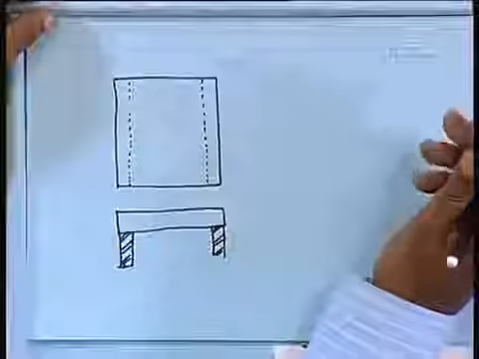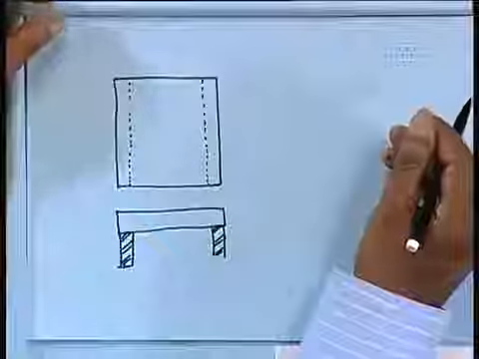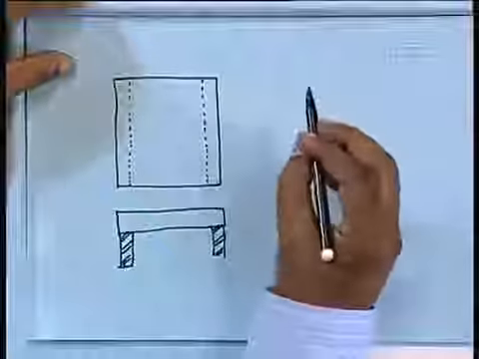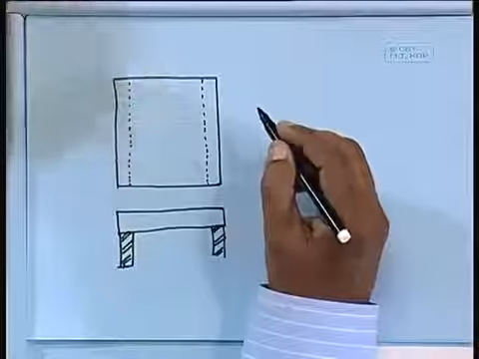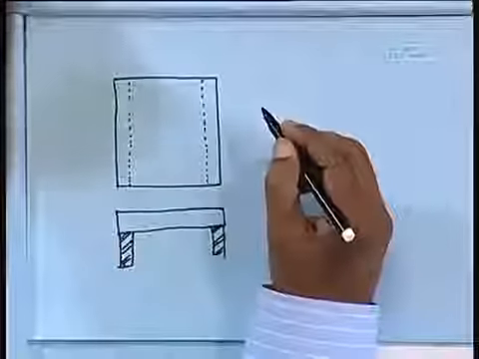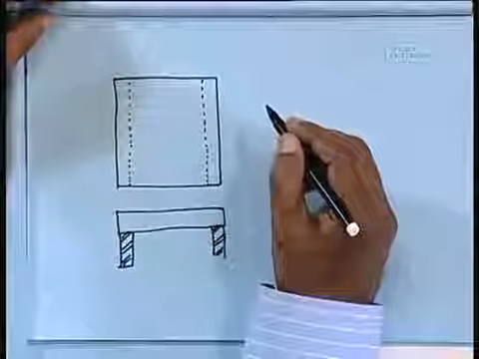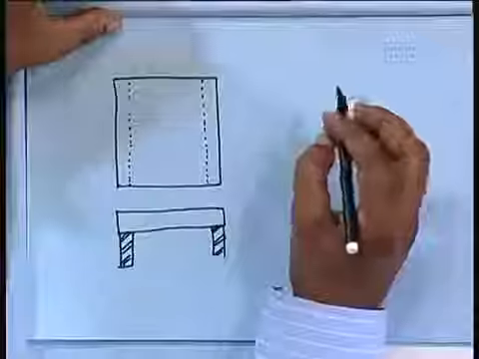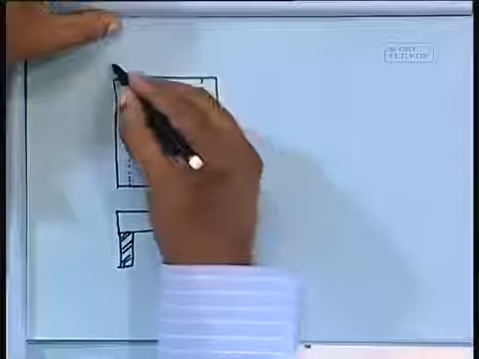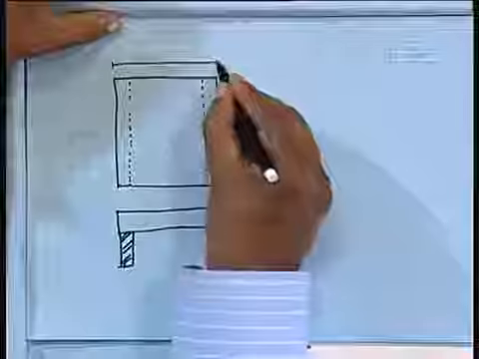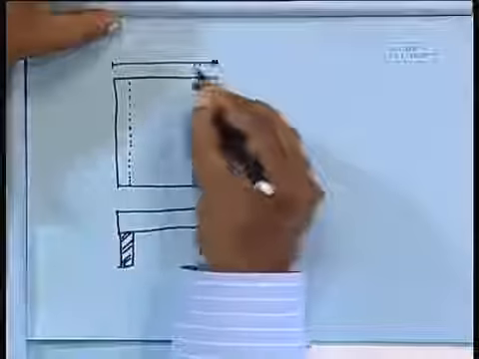What we shall do, we shall give one reinforcement. Our main reinforcement, how much have we provided? 10 torr at the rate of 150 millimeter center to center. And this is our span, that 3640.